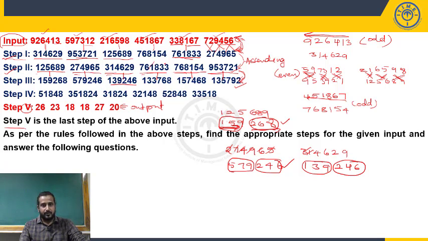What are the odd digits? 1, 3, 3, 7. So 1337 in ascending order, followed by even digits 668. Clear? So what I can say is that odd digits are followed by even digits in ascending order. Clear? Any confusion in this one?